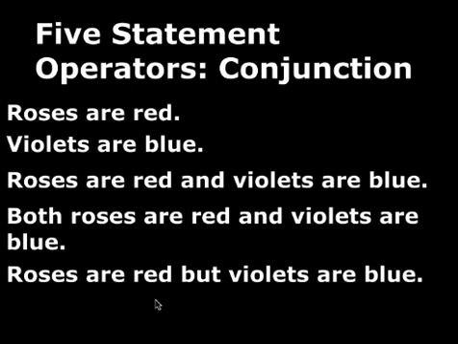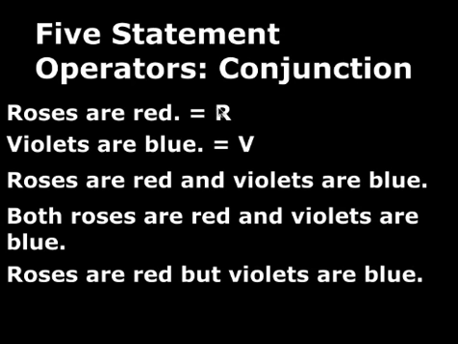So there's some additional import associated with the word "but" over and above the fact that it's expressing conjunction. But it is expressing conjunction. Don't worry about that. Just remember "but" is a way of expressing conjunction in English.